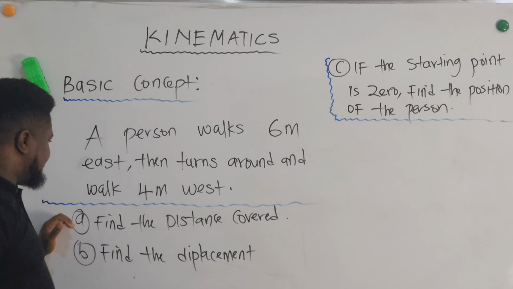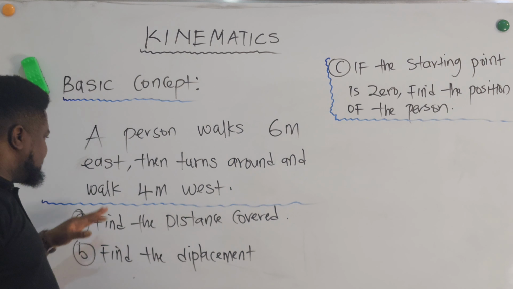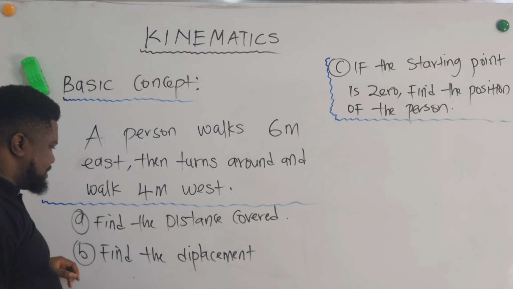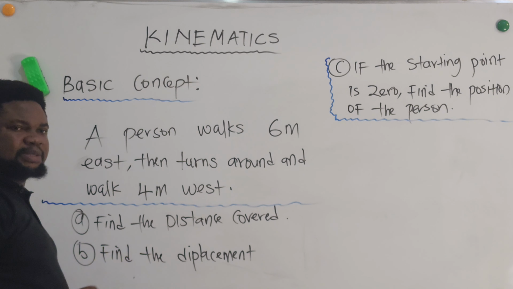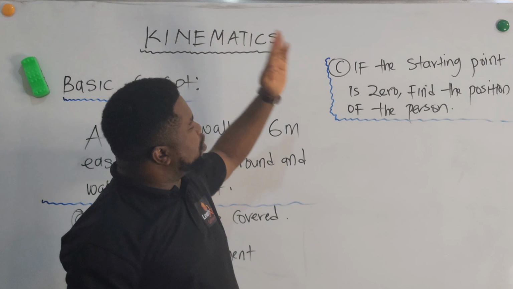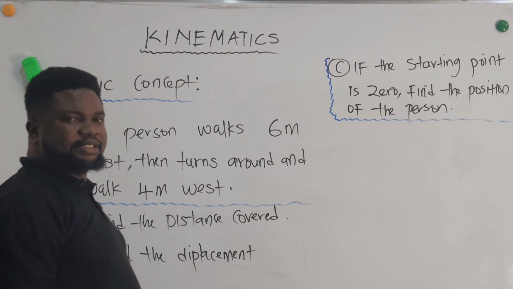Question A: find the distance covered by this person. Question B: find the displacement. Question C: if the starting point is 0, find the position of the person.